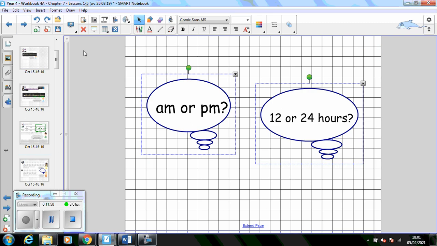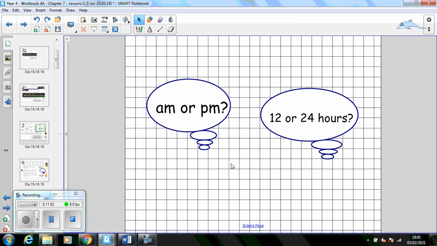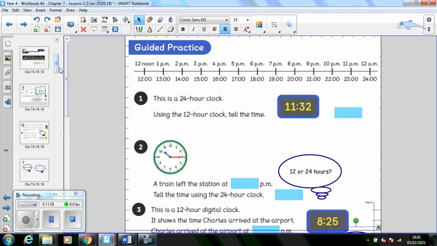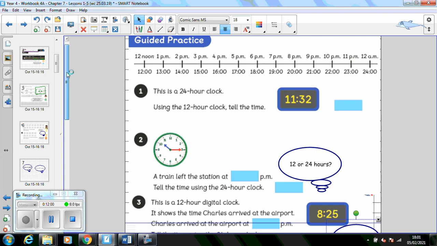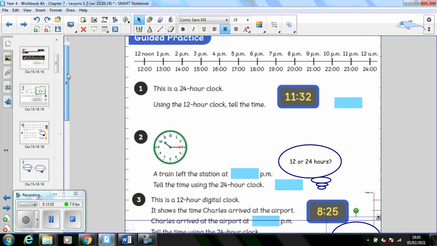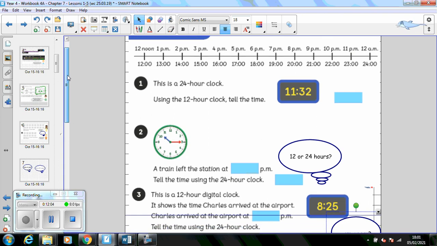Our big questions are, is it AM or PM? And are we looking at the 12-hour clock or the 24-hour clock? The first question is asking us to tell the time using a 12-hour clock. Okay.